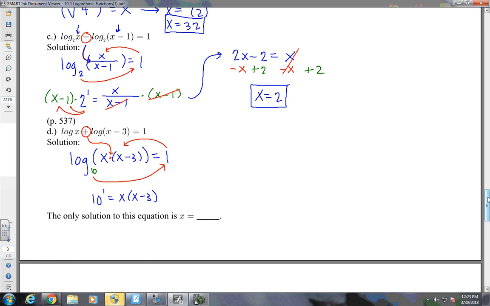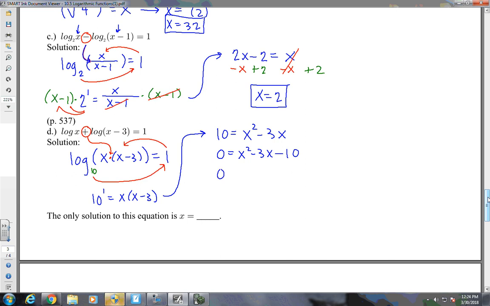And again, we have to stop and reassess the equation and determine what type of equation it is so we'll know how to solve it. Notice on the right side, if I distribute that x, it becomes a quadratic equation. We solve quadratic equations by factoring or by quadratic formula. But in either of those two cases, it has to be equal to 0. So let's go ahead and subtract 10 from both sides, and we have our quadratic now equal to 0.